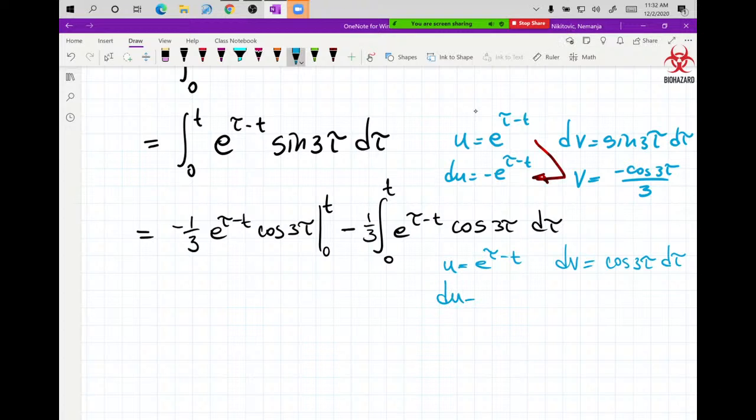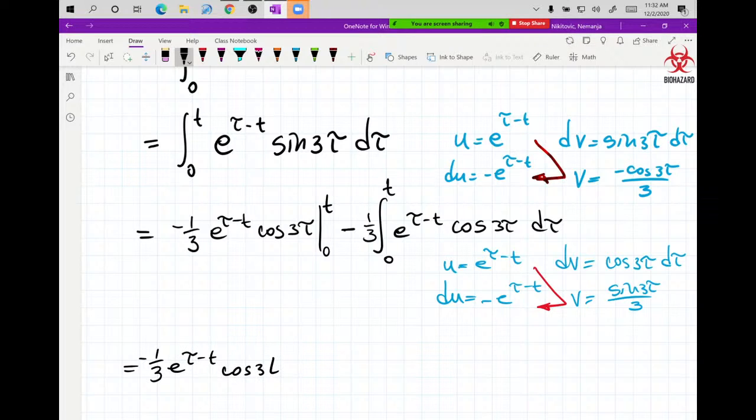Your du is again negative e to the tau minus t, and your v this time is positive sine 3 tau over 3, and we put our trusty arrow right there. Don't forget to copy negative 1/3 e to the tau minus t cosine 3 tau from 0 to t, and add to that in the parentheses here the second integration by parts.